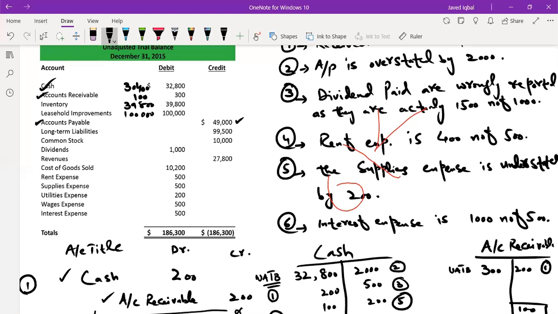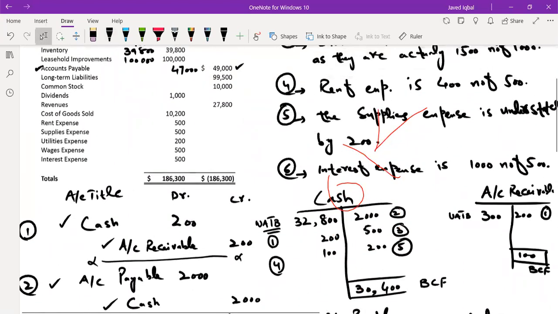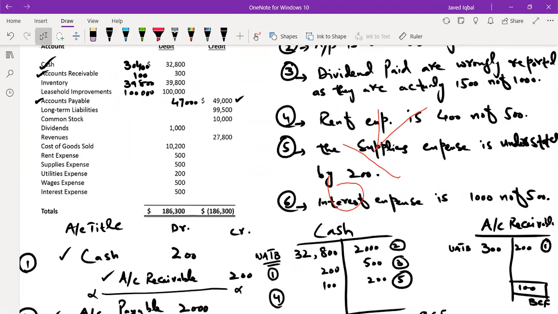It has gone down by 2000, so it has come down to 47,000, if I'm not mistaken. Yeah, 47,000. Long-term liabilities have not changed, so we'll be writing 99,500. Common stock has not changed, it should be 10,000.